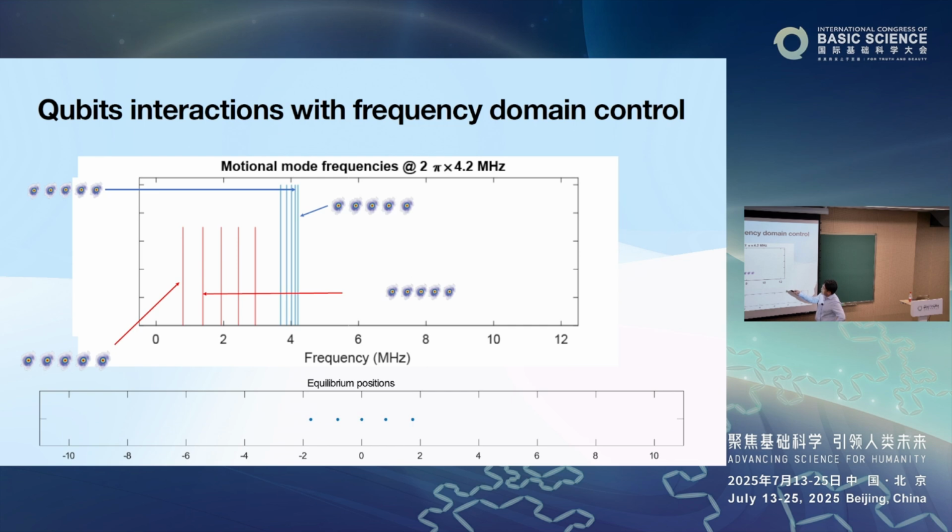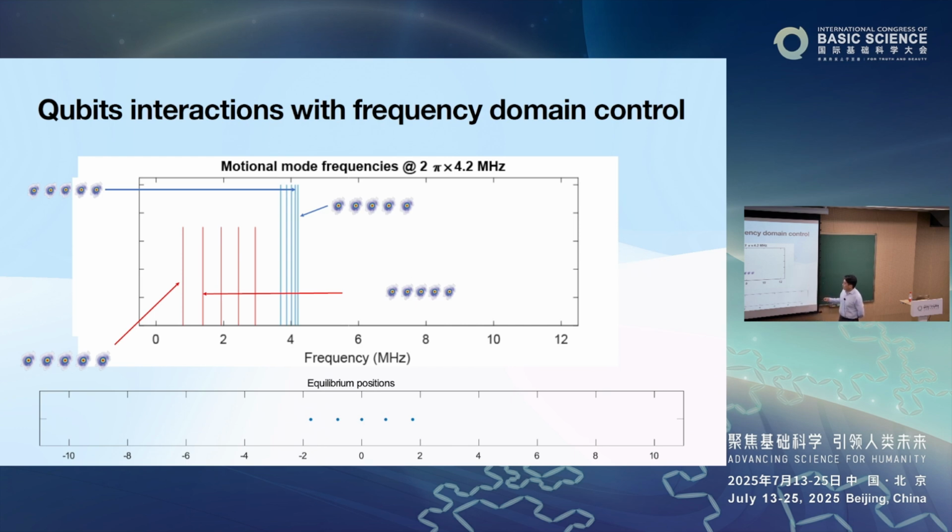You have a high frequency mode, which is a center of mass mode. You can imagine that these ions are moving together like this. The next mode will be a tilt mode, and you can imagine that the transverse mode moves like this. The center ion stays fixed, so that you can in fact get an interaction that increases with the distance.